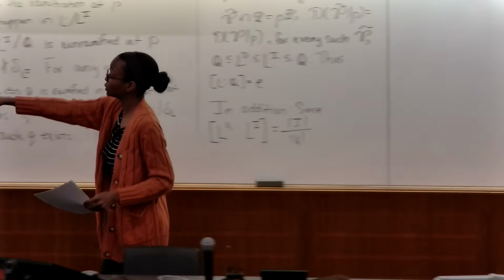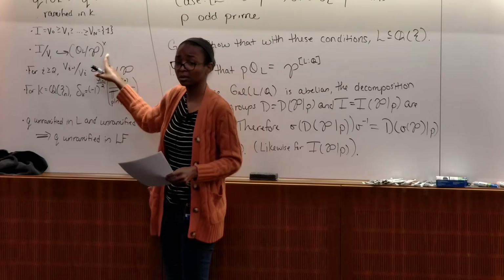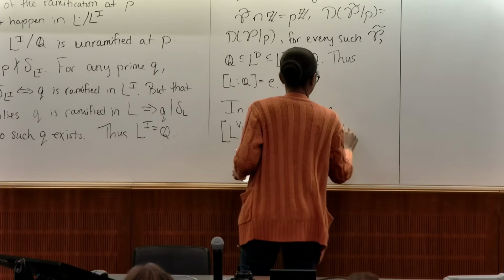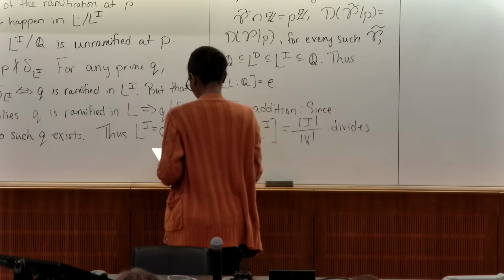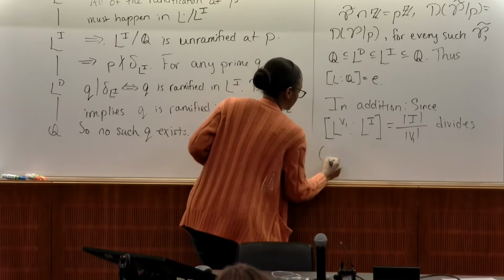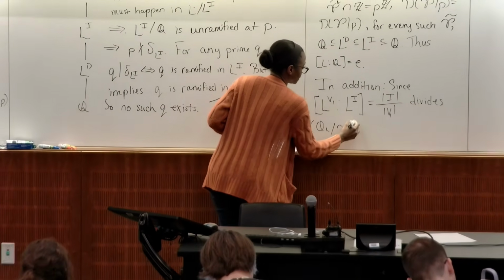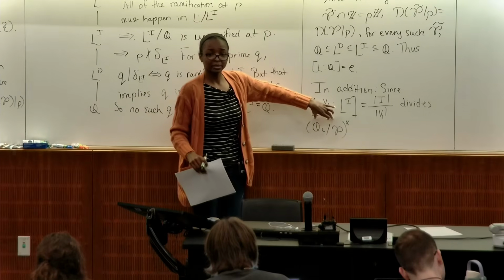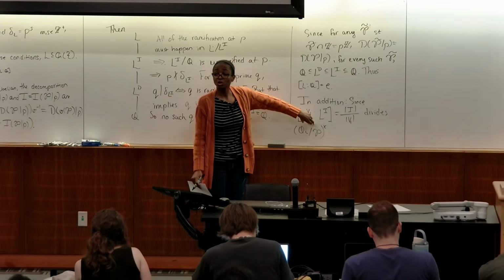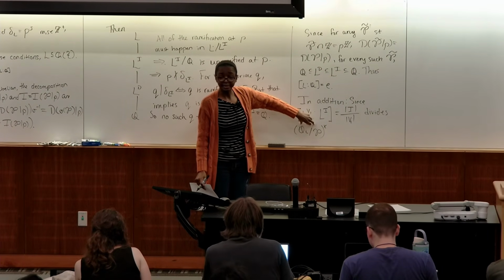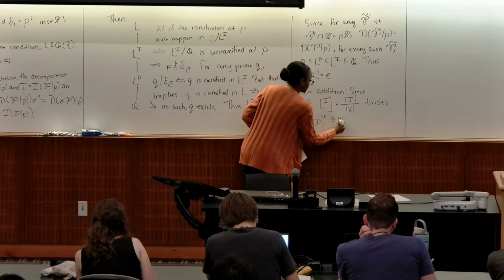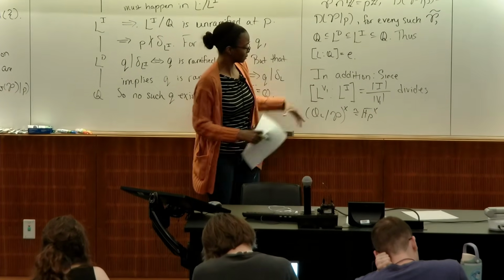And because of this result over here, we know that the degree of this extension has to divide the order of OL mod P cross. But what we're saying is I have only one prime. I have no splitting. I also have no residue field extension. This really is just isomorphic to FP.